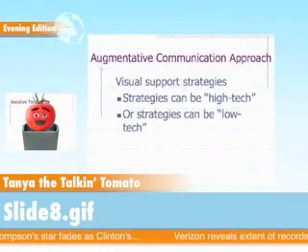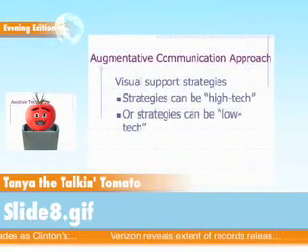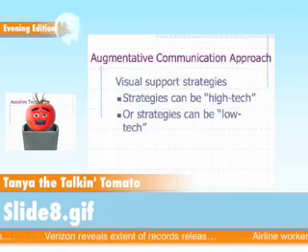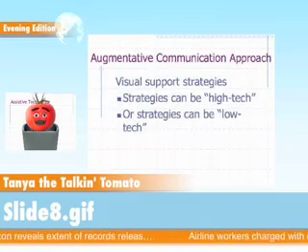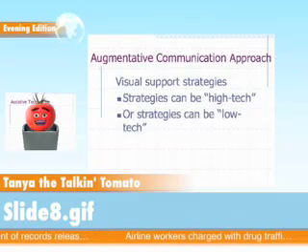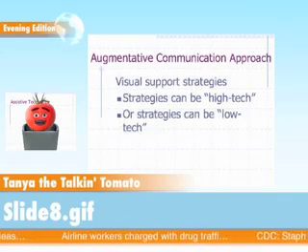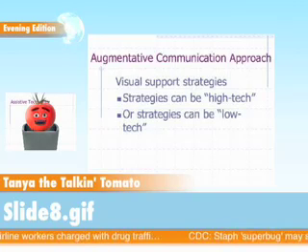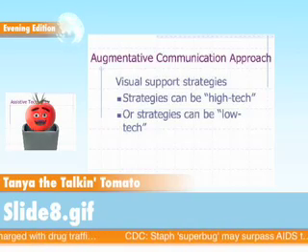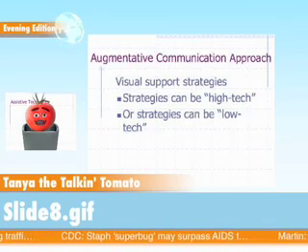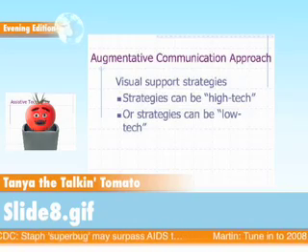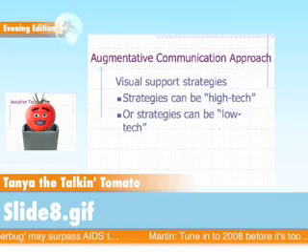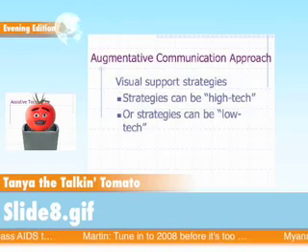Under the rubric of augmentative communication, I want you to think of that as an approach. Remember, approaches are all about how children learn and how best to teach them, how children learn expressive language and how best to assist them in their expressive language.